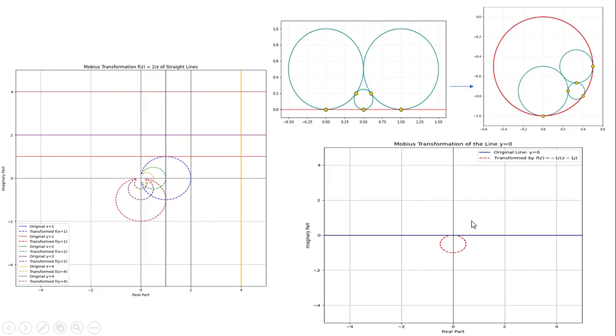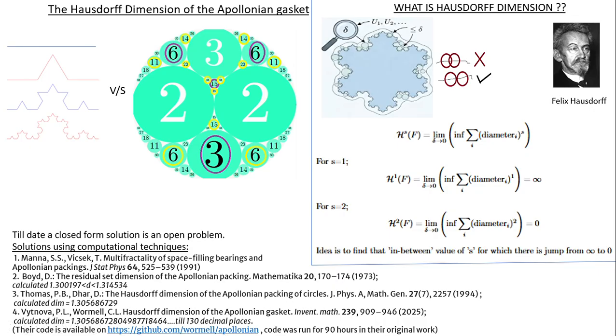This transform is exactly what I have shown here, mapped here. It's essentially minus 1 by z minus 1. So the y equal to 0 line extends to infinity in either direction, and through this transform it as if it coils up into a circle.